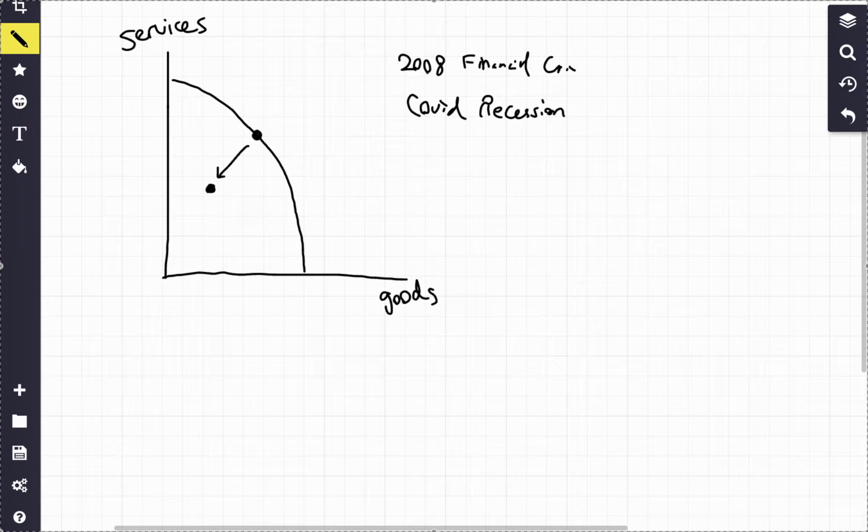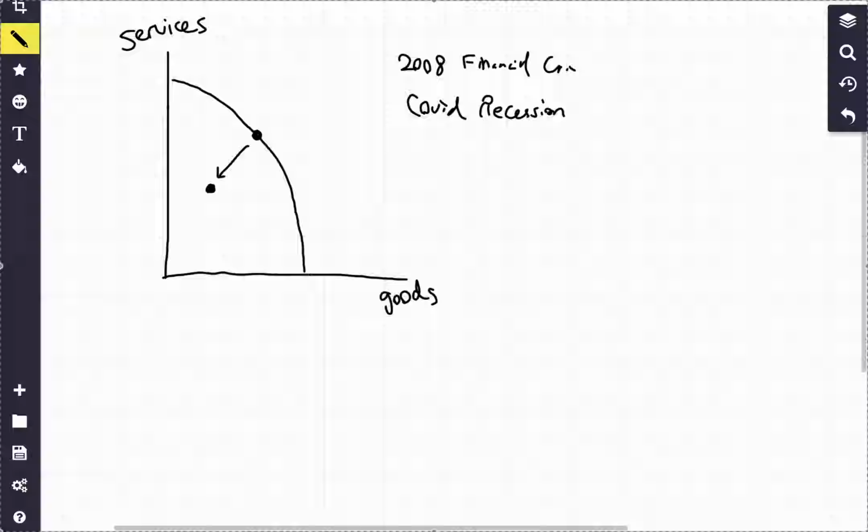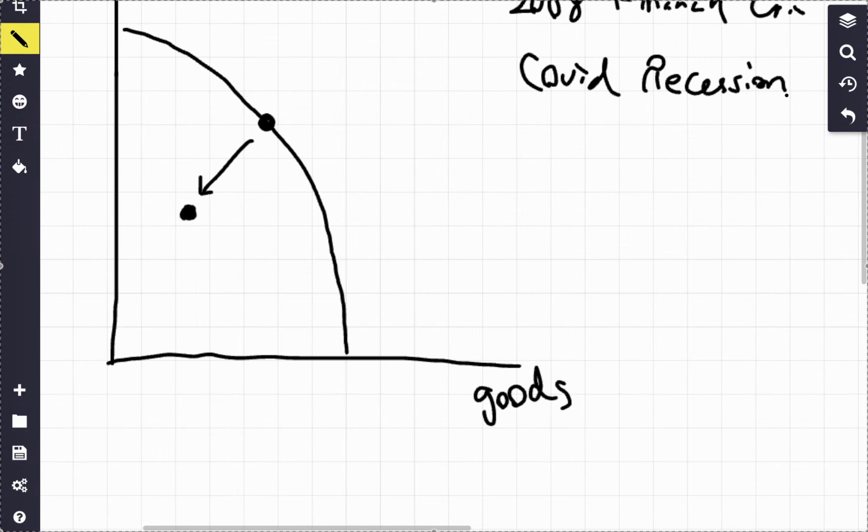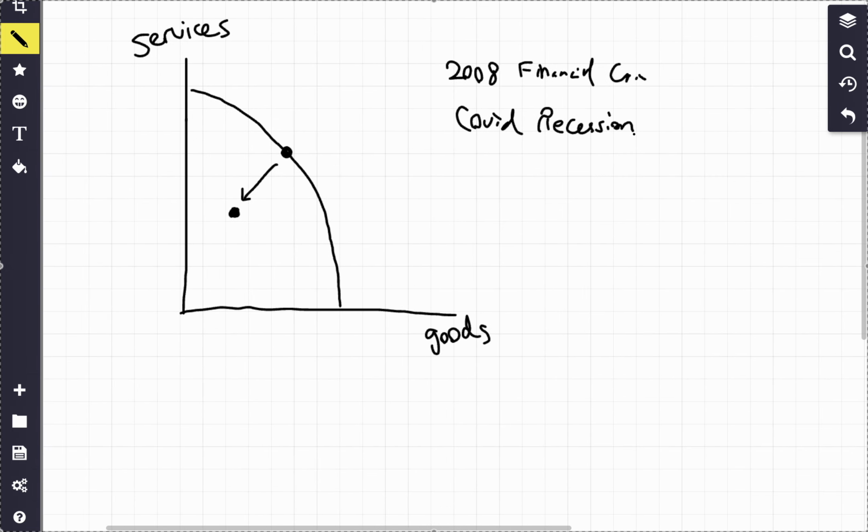They're going to shut down the factories, although the factories are not destroyed or anything. They don't shut down the factories because they're not usable anymore. They are absolutely usable if they put people and inputs into them. However, they shut down because people are not buying their products. So that's the best example of this shift, right? The PPF, the point shifting inward.